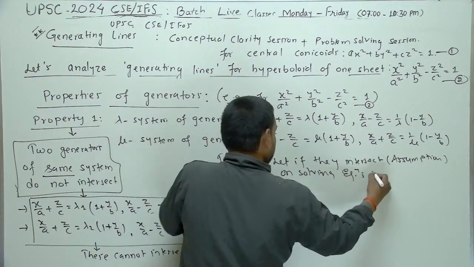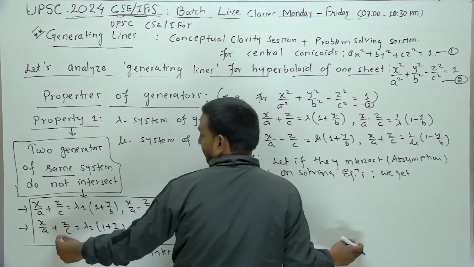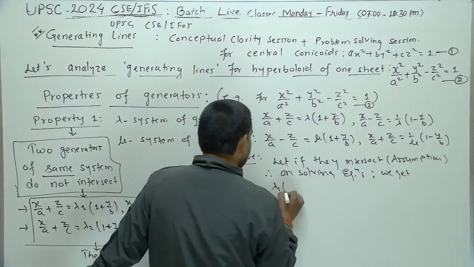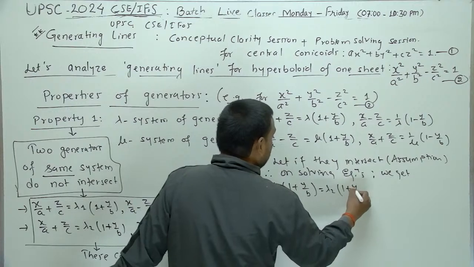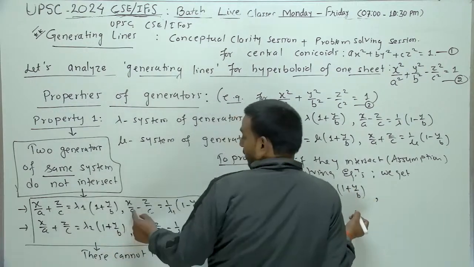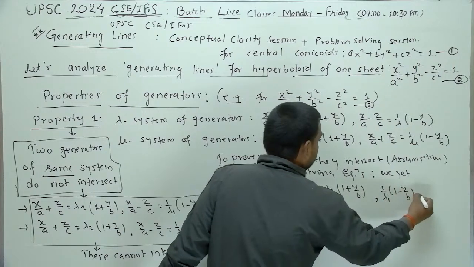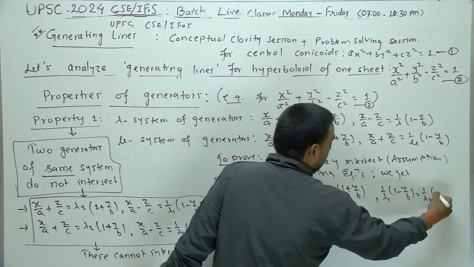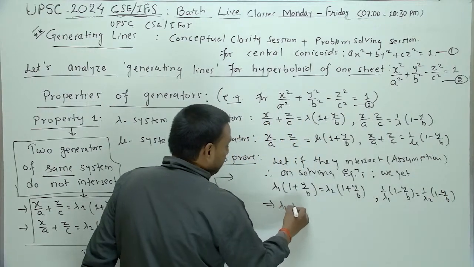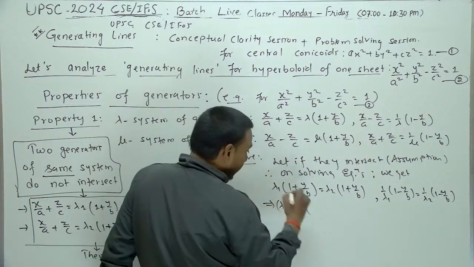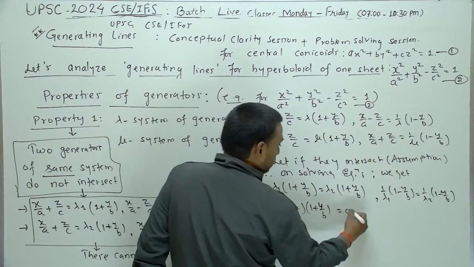equations we get, ध्यान से देखिएगा, this is x upon a plus z upon c, this is x upon a plus z upon c, we get lambda 1 into 1 plus y upon b equals lambda 2 into 1 plus y upon b. From this expression we got 1 upon lambda 1 into 1 minus y upon b equals 1 upon lambda 2 into 1 minus y upon b. This implies lambda 1 minus lambda 2 into 1 plus y upon b goes to 0.